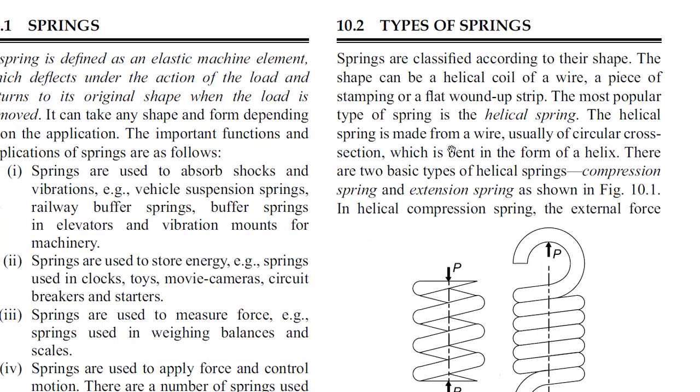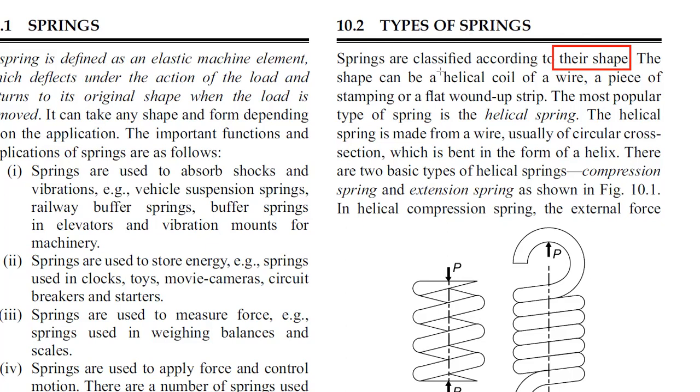So there are many types of spring available in the market, right? But majorly they are classified according to their shape. This is the first criterion for classifying the spring.